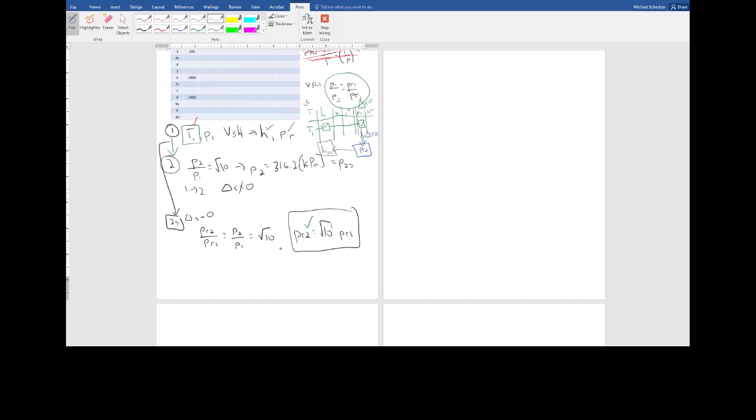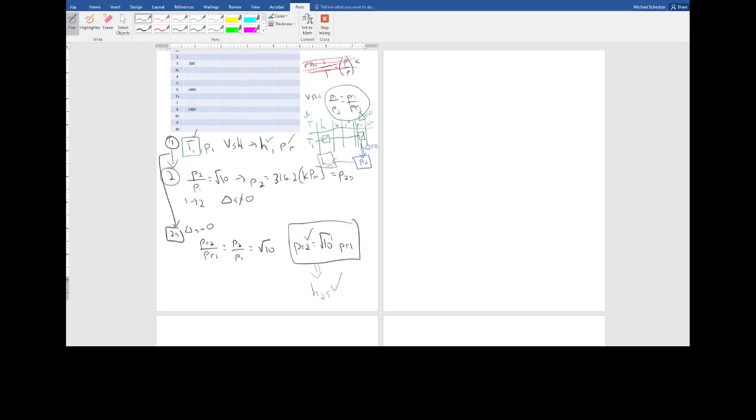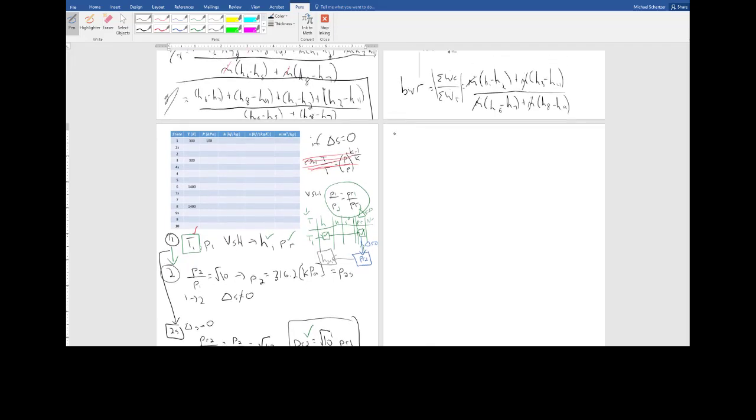But now that I have H2S, which is great, maybe over here for state 2, now I can go back to state 2. So state 2 is the real turbine outlet. Real. Which means I can use the efficiency of my turbine, which is W dot real over W dot ideal.